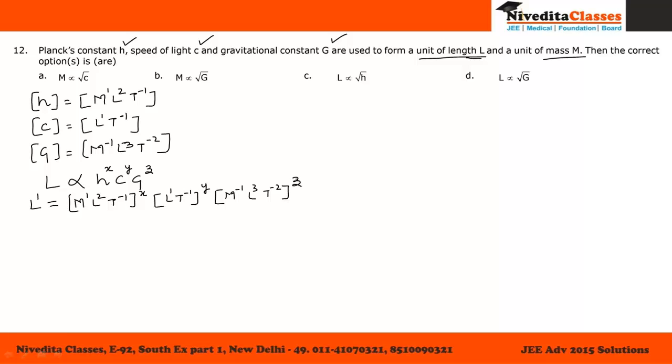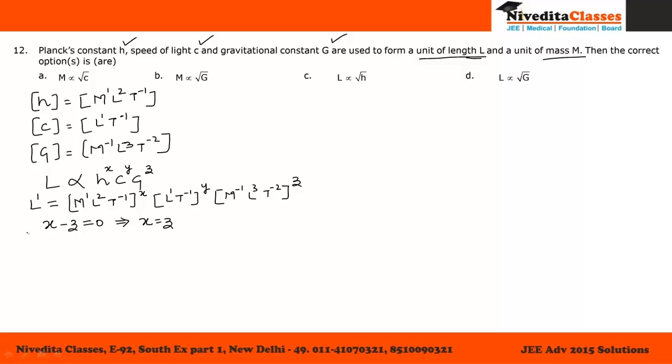So now if we equate the powers of m on both sides, we will have x minus z equal to 0, which implies that x is equal to z.